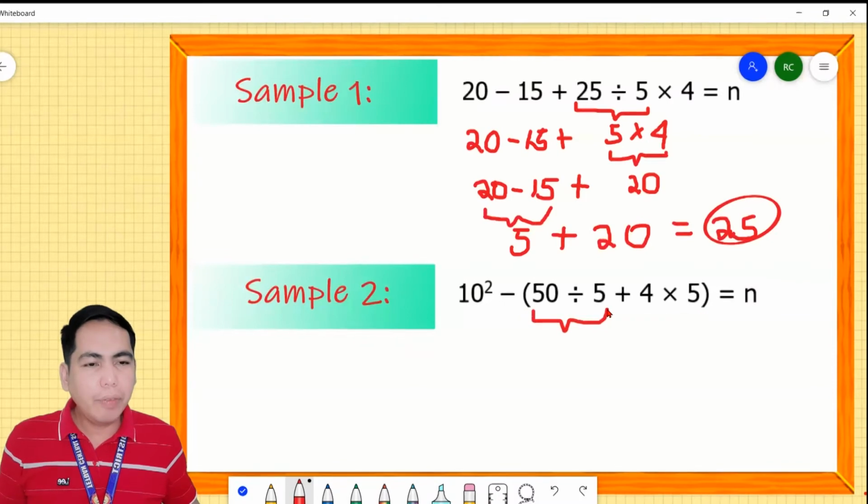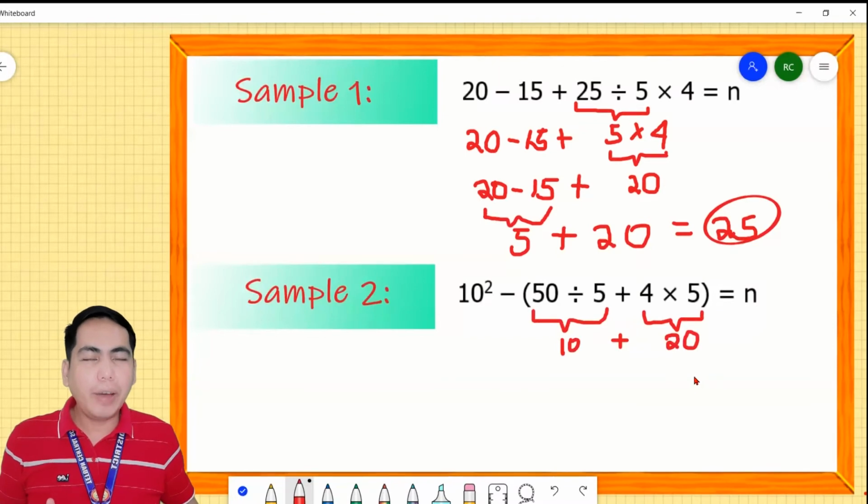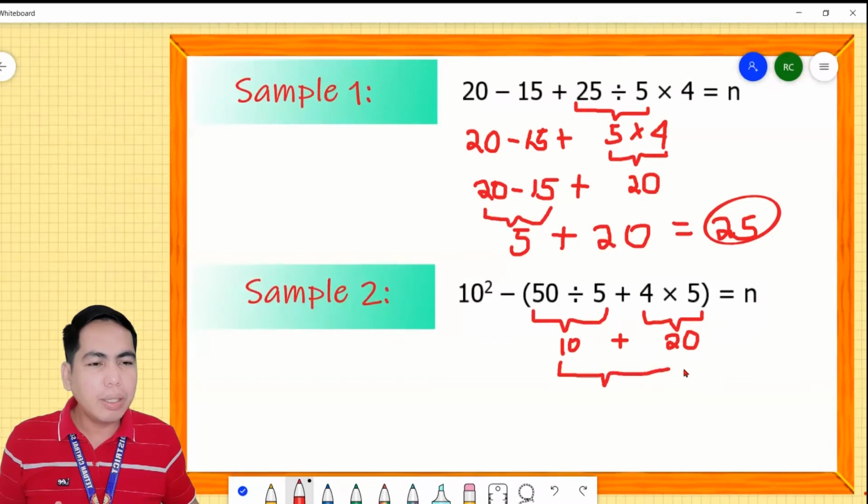So 50 divided by 5 will give us 10, then plus. We can also multiply 4 times 5 to give us 20. And then finally, we can add the 10 and 20. 10 plus 20 will give us 30.